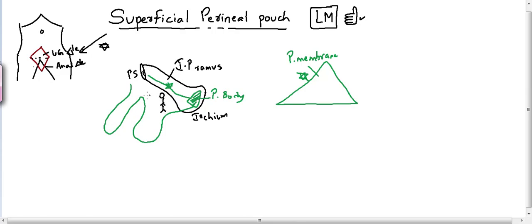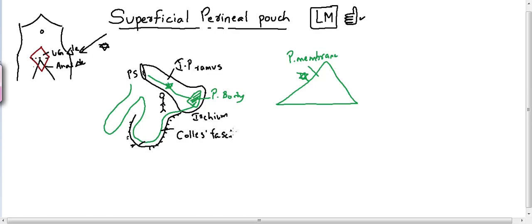So this superficial perineal pouch is bounded by the following structures. Superficially, obviously it will be the skin because it is superficial perineal pouch, no? As simple as this. So superficially it will be the skin of the scrotum, skin of the perineal area, and the Colles' fascia. Colles' fascia is the deep fascia of the scrotum and the perineum.